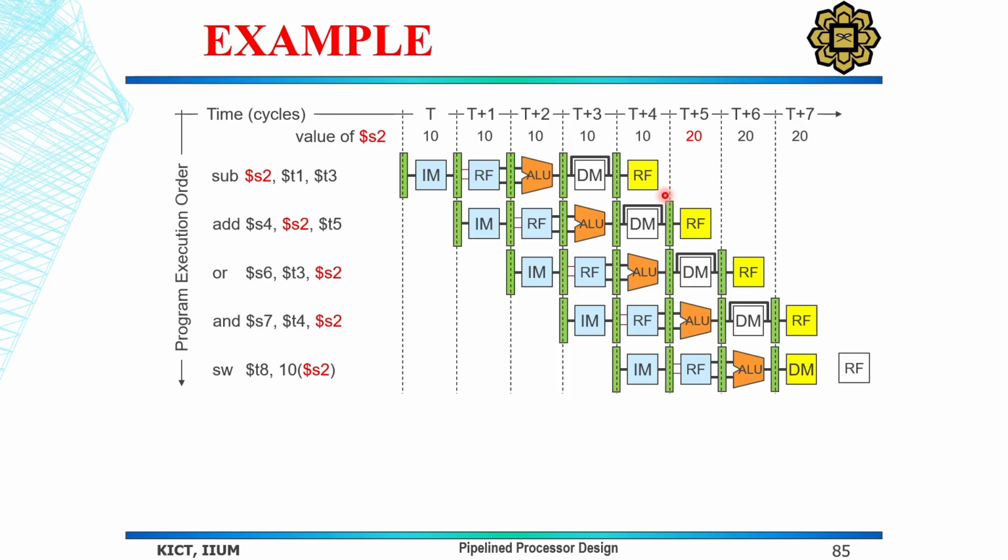For the and store word instructions, we don't have the problem because the new value is available by then, since they come after. So the only issue is in these two instructions, because the data will not be available when they need it.